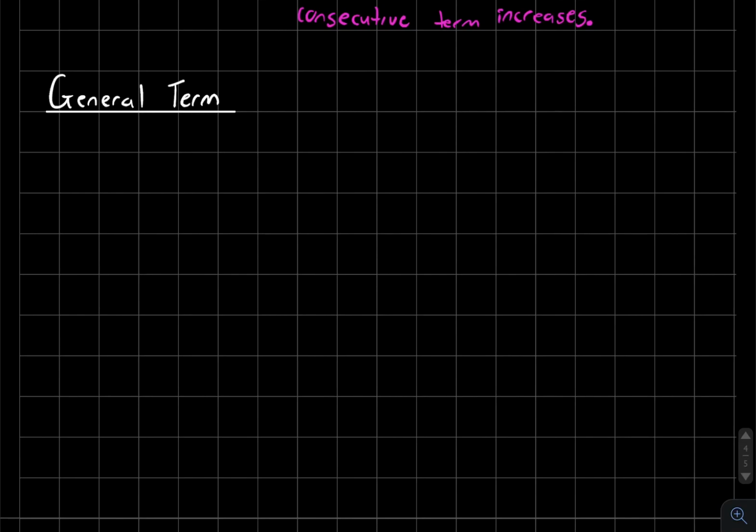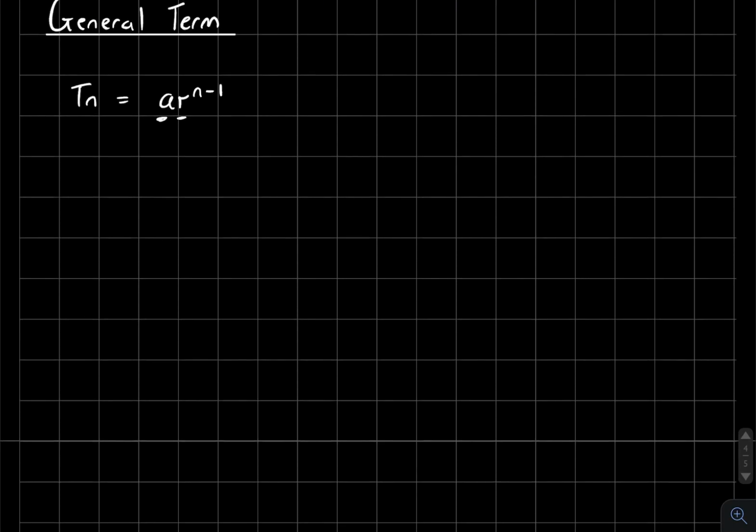So what is the shape of the general term? That's the general form, remember? And the general form for a geometric sequence looks like this: A R to the power n minus 1. Simple as that. Once you have A and R, you've found the general term. So let's go and look at some examples.